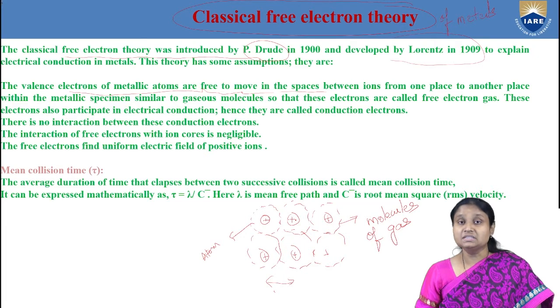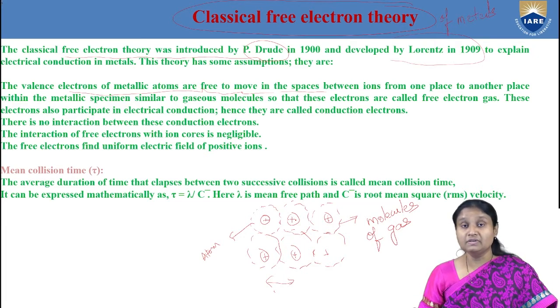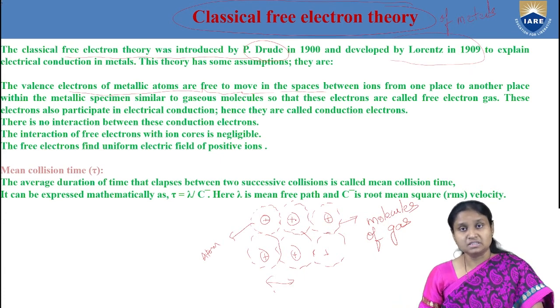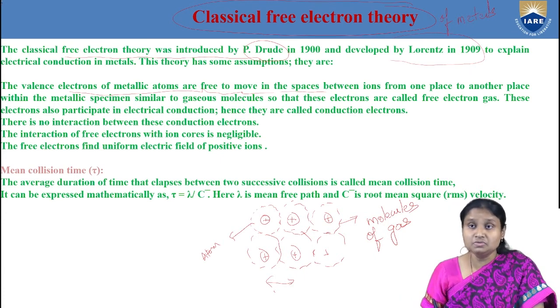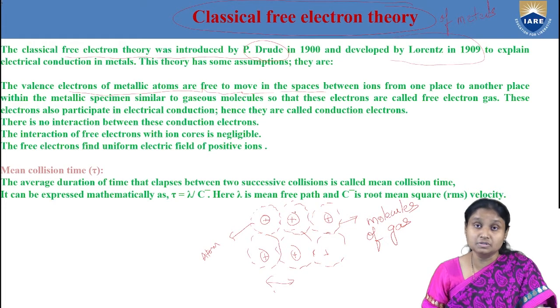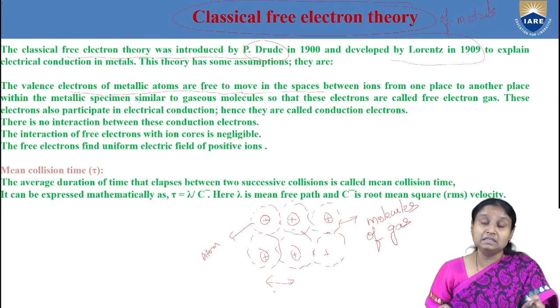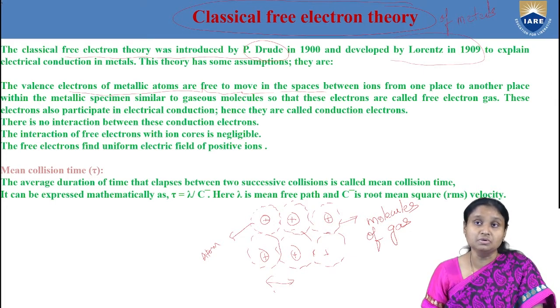And when such gas molecules are moving, they will collide with each other also. They'll be colliding with each other, and there'll be exchange of energy. Similarly, like molecules of gas, here also free electrons belonging to the metal are not just fixed to one atom, but they'll come out of one atom and keep on moving from one atom to another atom.